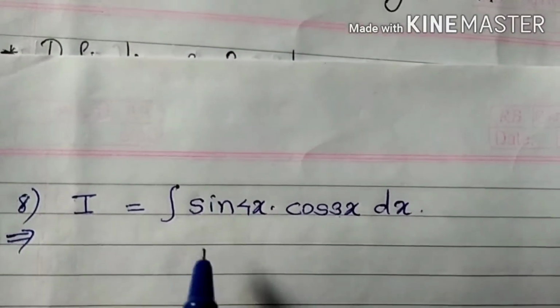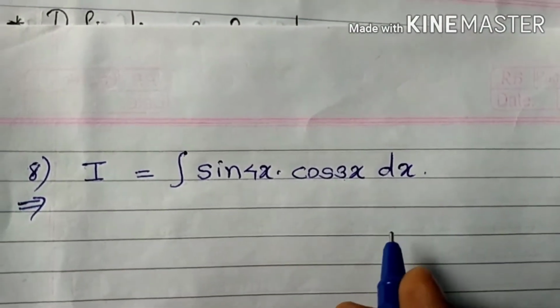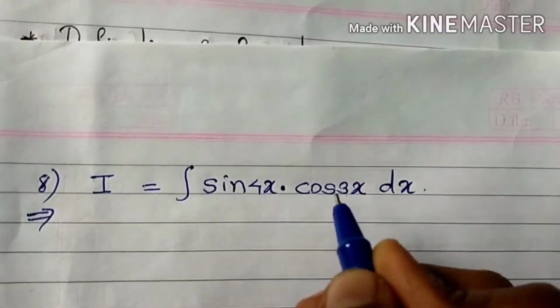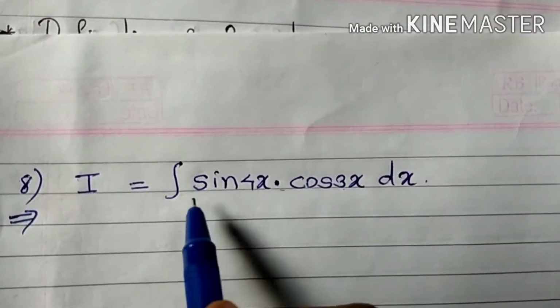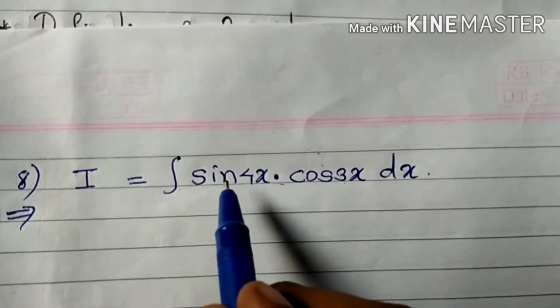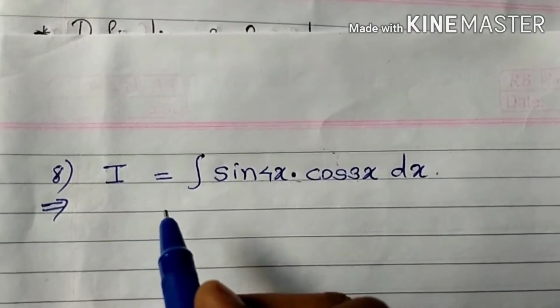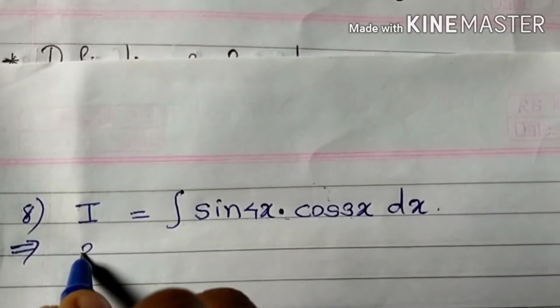The next example is I is equal to the integration of sin 4x into cos 3x dx. So it is a multiplication, and we know that multiplication is not separated in integration. So there is a formula in trigonometric functions called the compound angle formula. What is that formula?